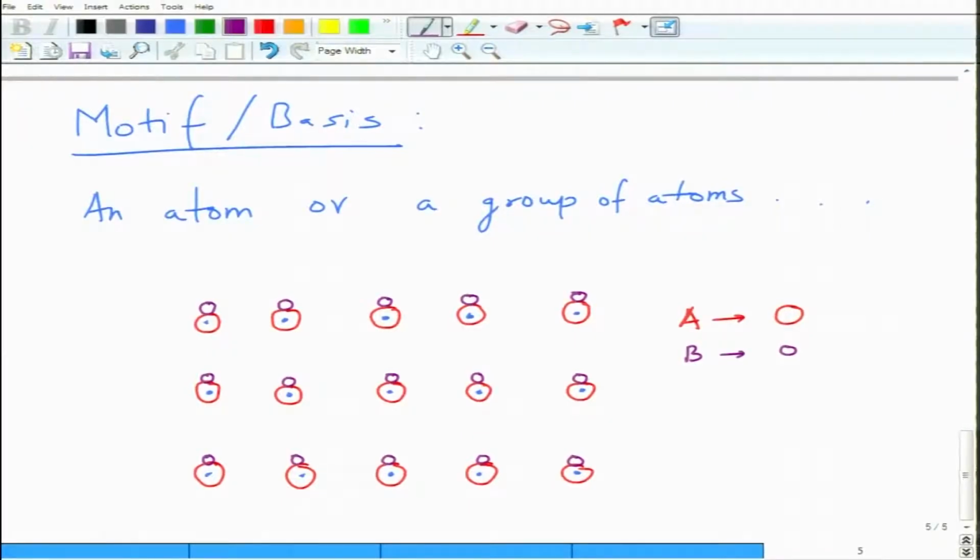So in this case this whole thing is a molecule, it is not an atom.